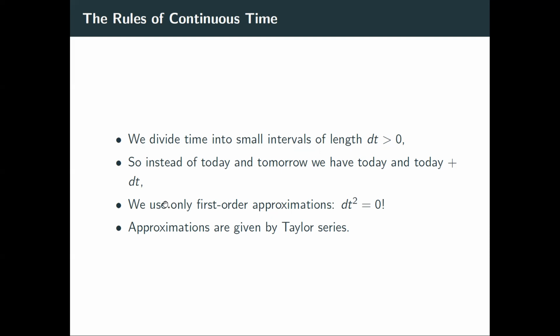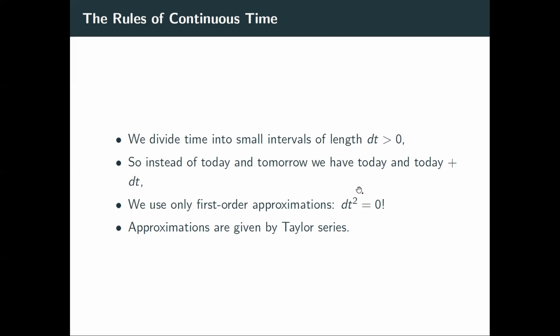It's a strange world sometimes. You have to get used to it, but I'll help you in all the problems, so don't expect anything cruel. But a mnemonic rule, a rule of thumb that you can use: we will need only first order approximations for everything.